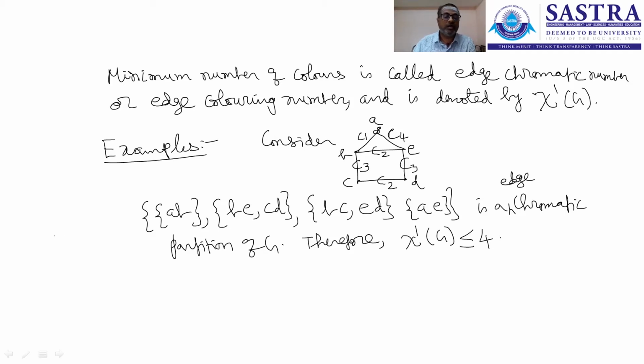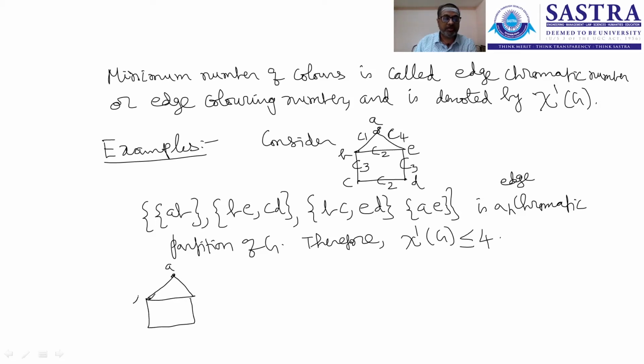And this chromatic partition again is not unique. You can have different chromatic partitions. As I told you, you will not have a unique chromatic partition. Suppose I give different color structures to the edges.